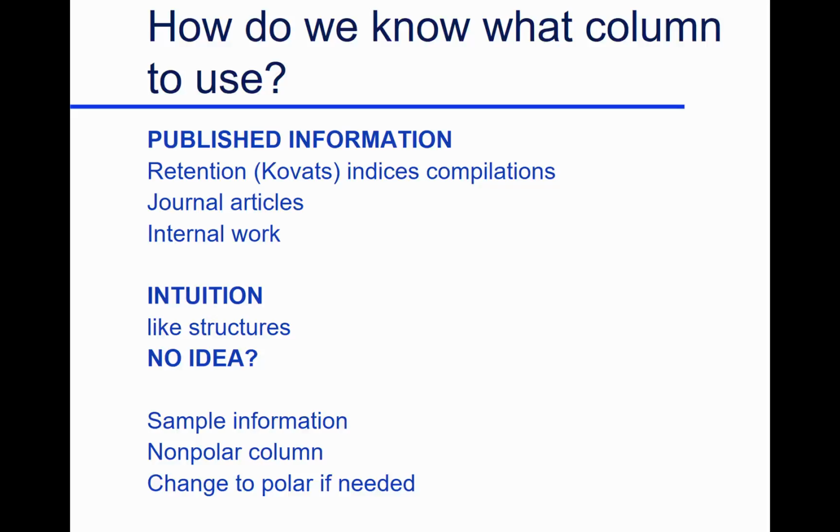So one way is to look up where things elute on a given column, going to a reference, a database, that has this. Journal articles, certainly. There isn't a lot that hasn't been looked at by someone someplace, and we can thank the internet for making that broadly available.